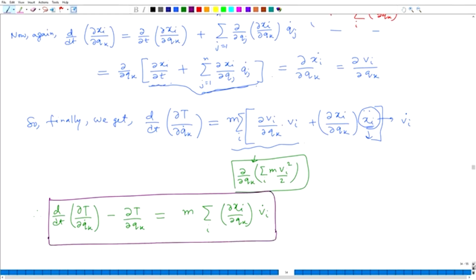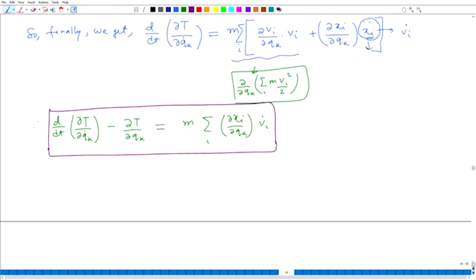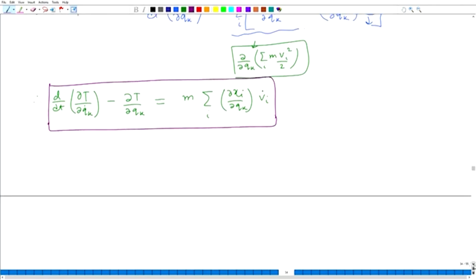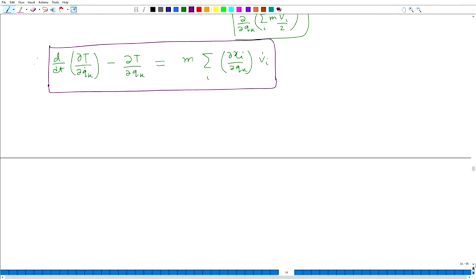I now will do something a little bit strange, but this is a very useful mathematical technique. I can write this as m summation over i v_i dot ∂x_i/∂q_k. I will now multiply both sides with a virtual displacement δq_k and make a summation over k.